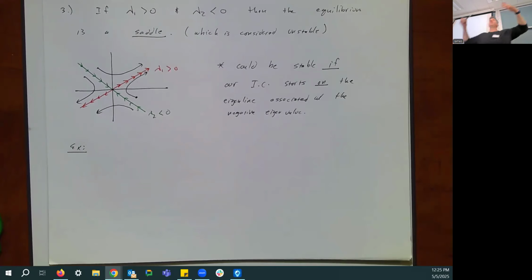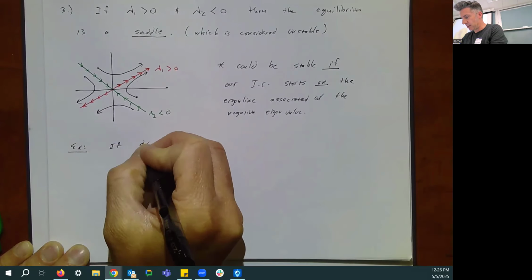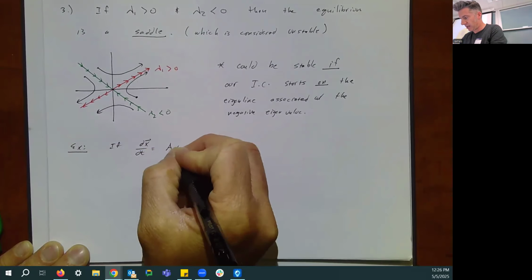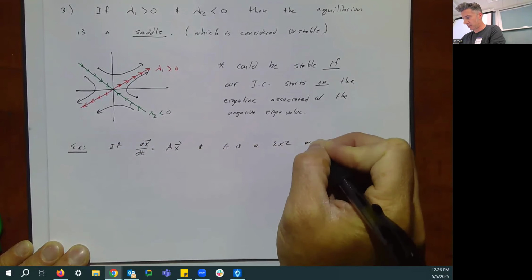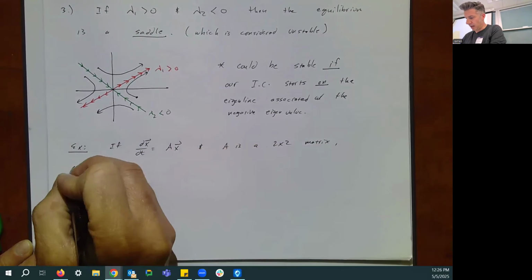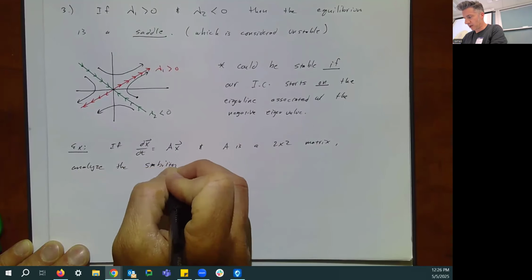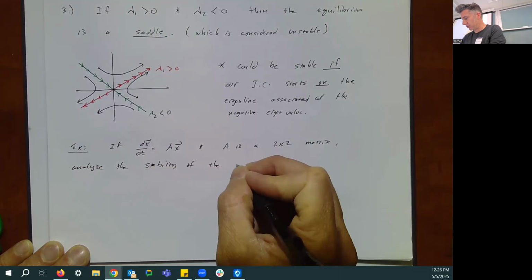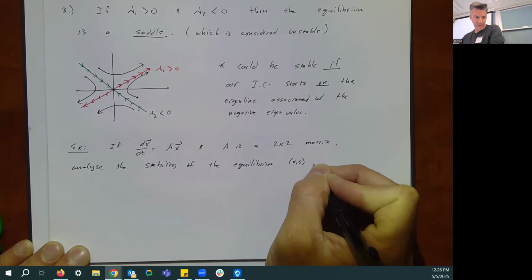Instead of saying we have a system of differential equations where dx1 dt equals something times x1 plus something times x2, and dx2 dt equals something times x1 plus something times x2, we say something like the following: if dx dt is equal to A times x, and A is a 2 by 2 matrix, analyze the stability of the equilibrium 0, 0. And then they just tell you what A is.